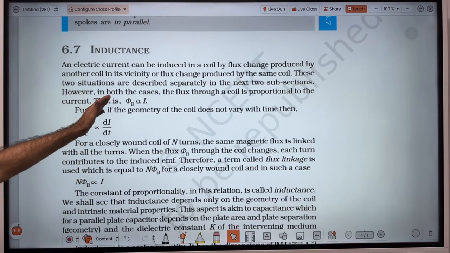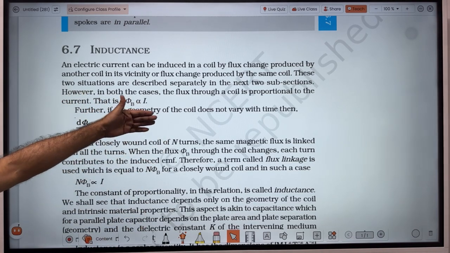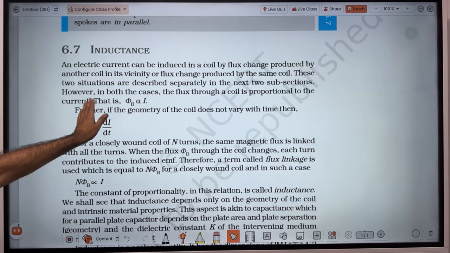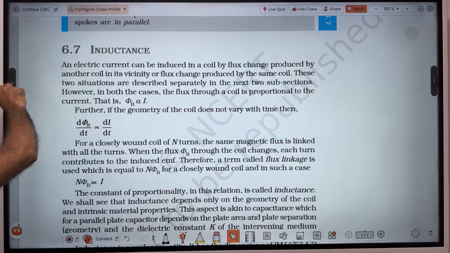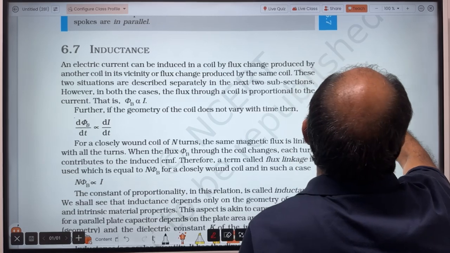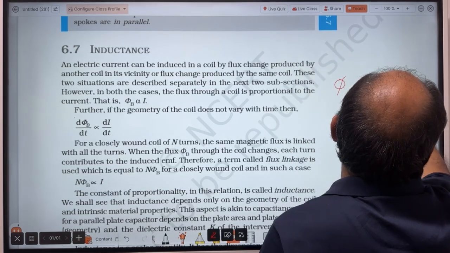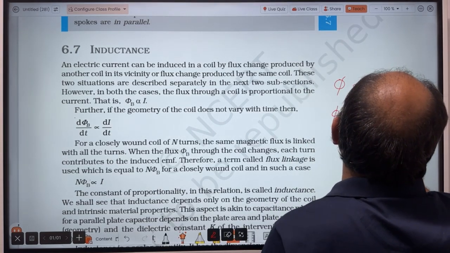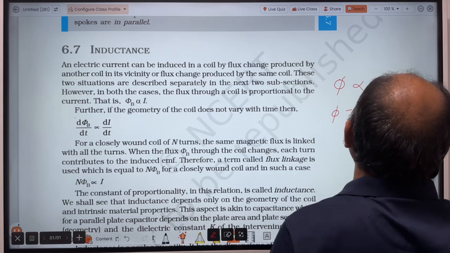These two situations are described separately in the next two subsections that we will study. However, in both the cases, the flux through a coil is proportional to the current. So the main concept is flux is proportional to current. So phi is proportional to I, or phi equal to LI, right?